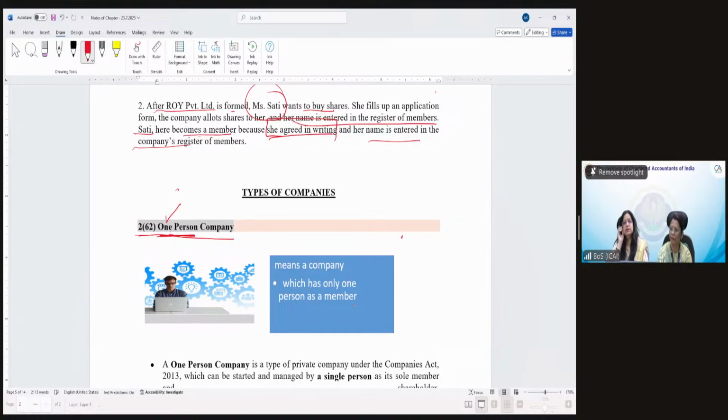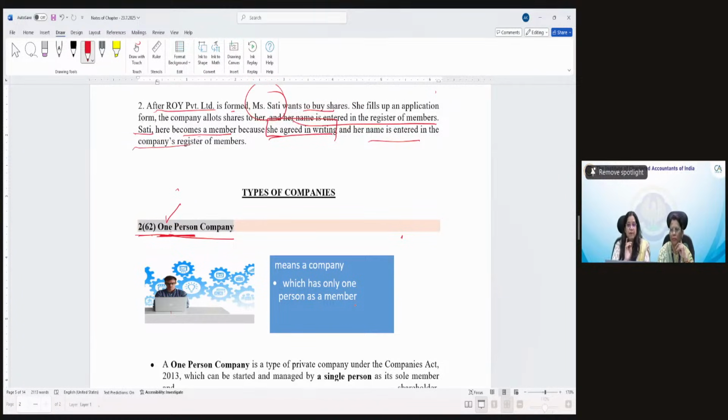This is an extension to the proprietorship firm, but it has been given a legal entity framework. Now we will be calling it a one-person company.